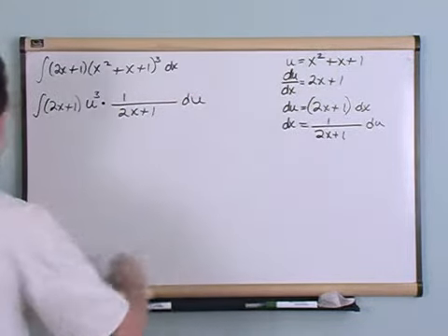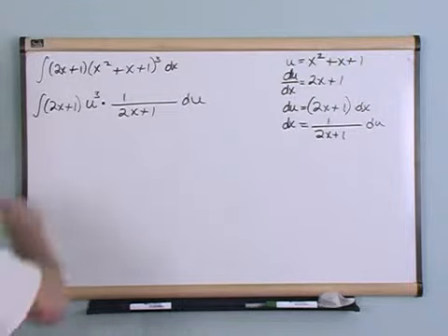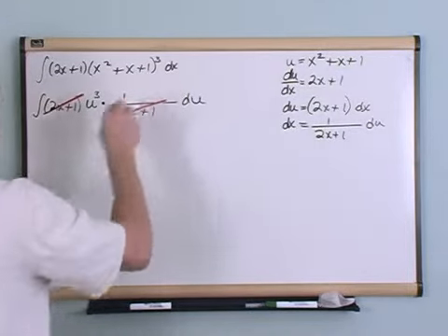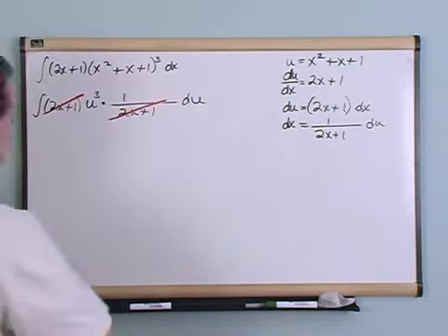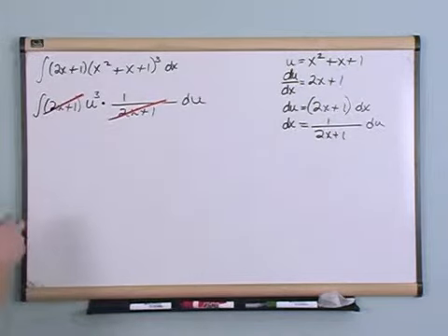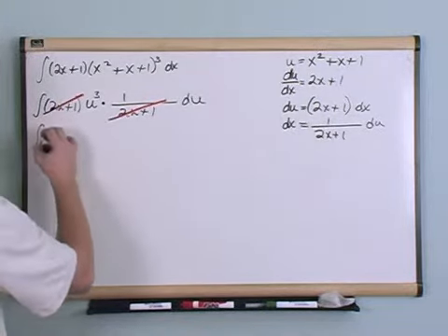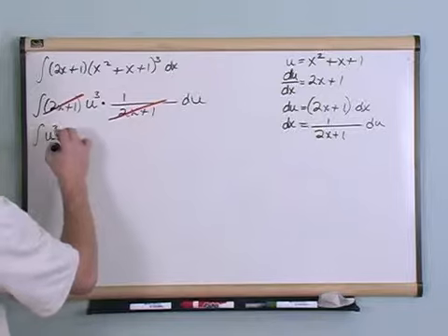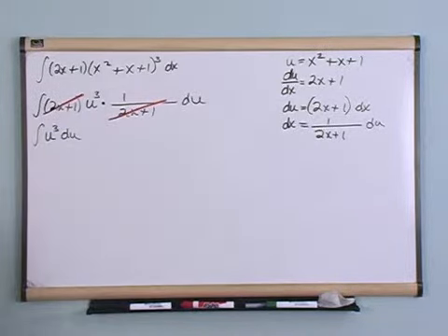And this is sort of what we predicted would happen. This term cancels with this term, which is exactly what we wanted. We want to get rid of all these x's. So in the end, it's a very simple integral, u to the third power du. And you already know how to solve that, right? We've been doing that a lot.